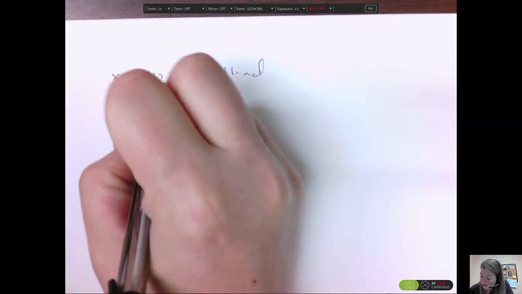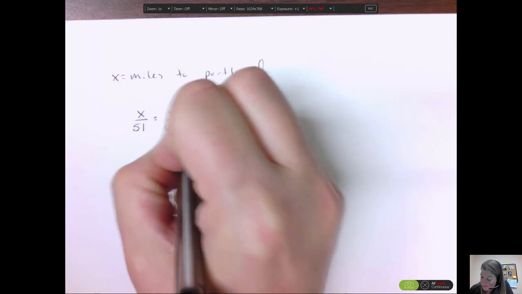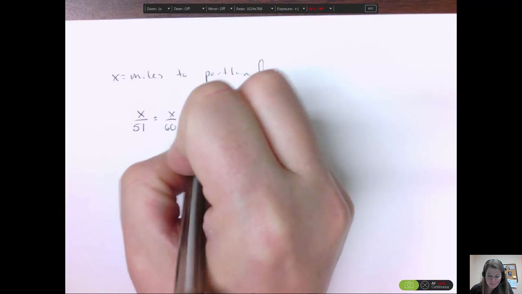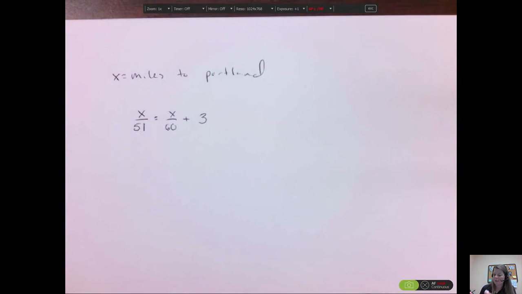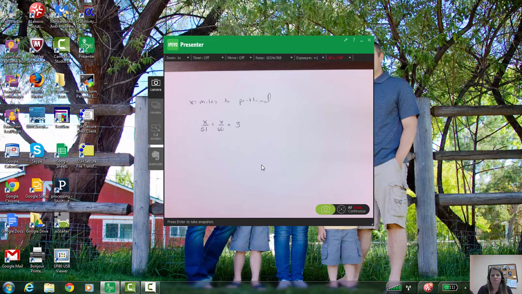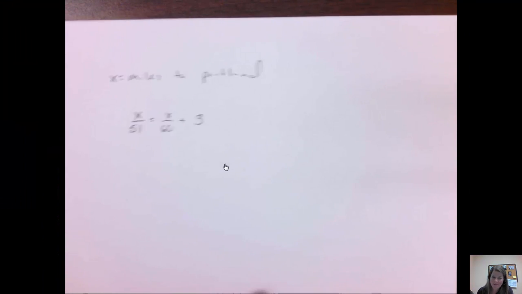Okay, so over here, we know that if we would have gone 60, we would have gotten there 3 hours earlier. Hang on just a sec. Okay, so from here I just need my common denominator.